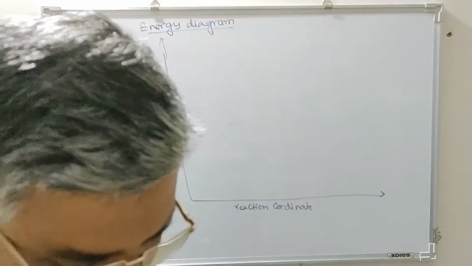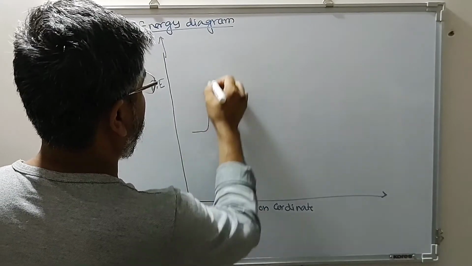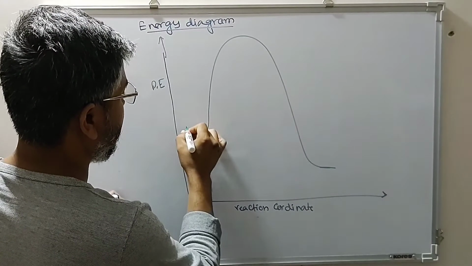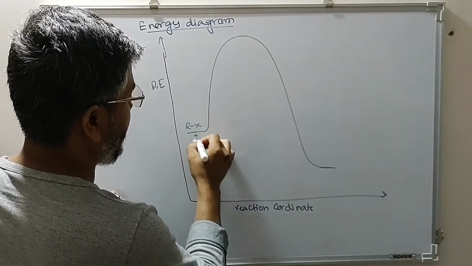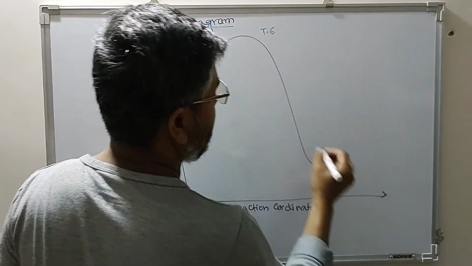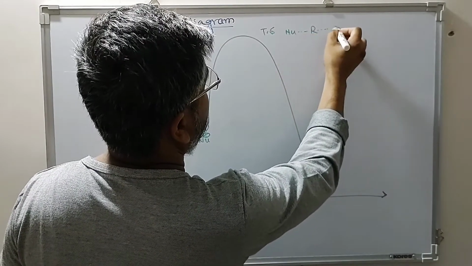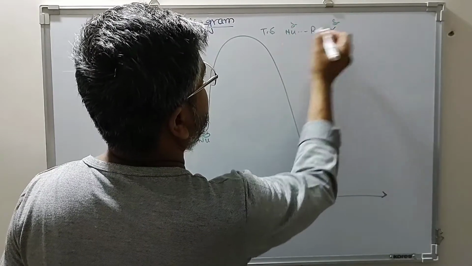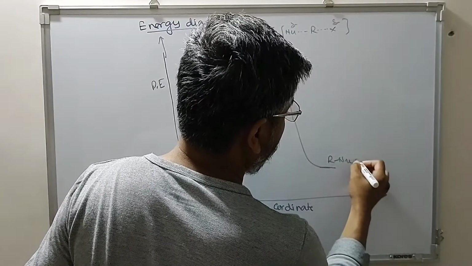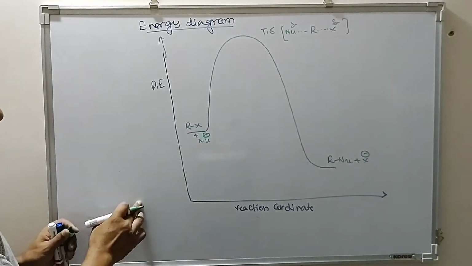We have this, which is the reactant, RX plus nucleophile. This is the transition state, you can look at this, Nu-R-X. This is the transition state. This is the product, R-Nu plus X minus. So this is potential energy.